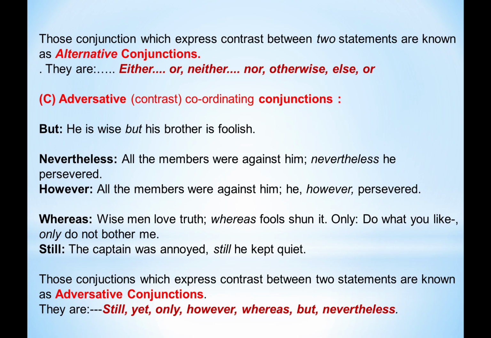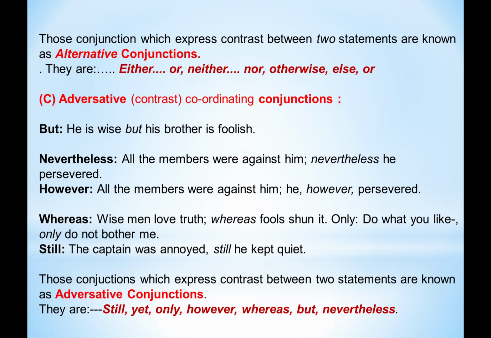However: All the members were against him. He, however, persevered. Whereas: Wise men love truth, whereas foolish men shun it. Only: Do what you like, only do not bother me.